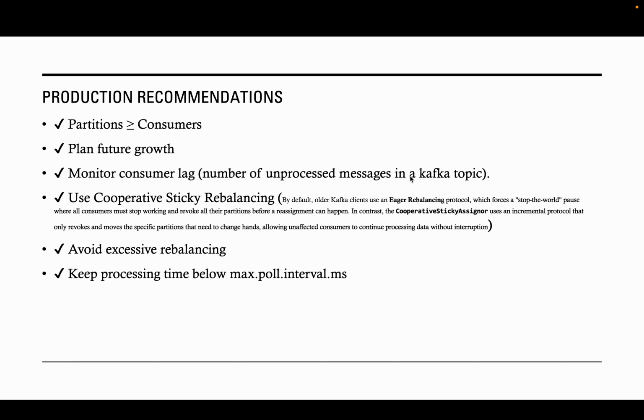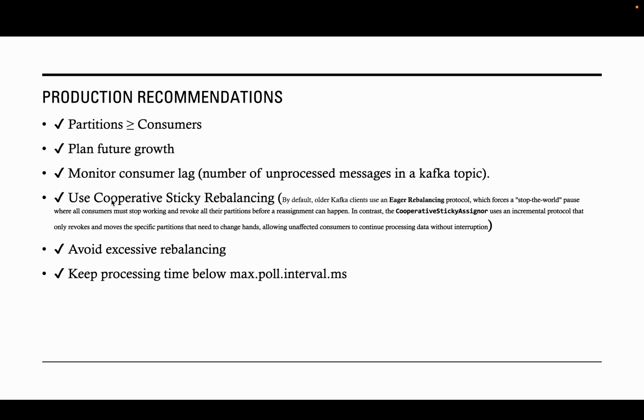We should always have an eye on the consumer lag. If there is consumer lag, then we have to take a few steps, like either increase the number of consumers, or increase the number of partitions if one-to-one mapping is already achieved, or optimize our consumers to have their processing time better, stuff like that.